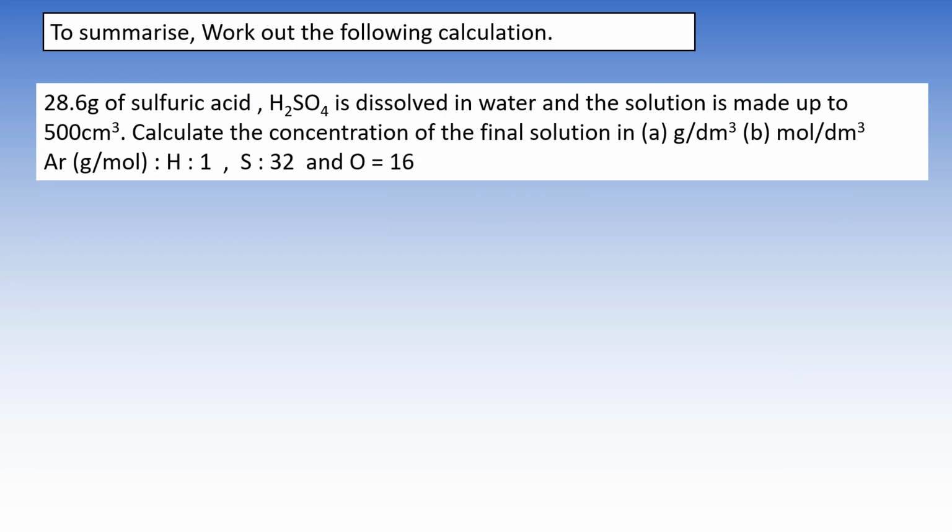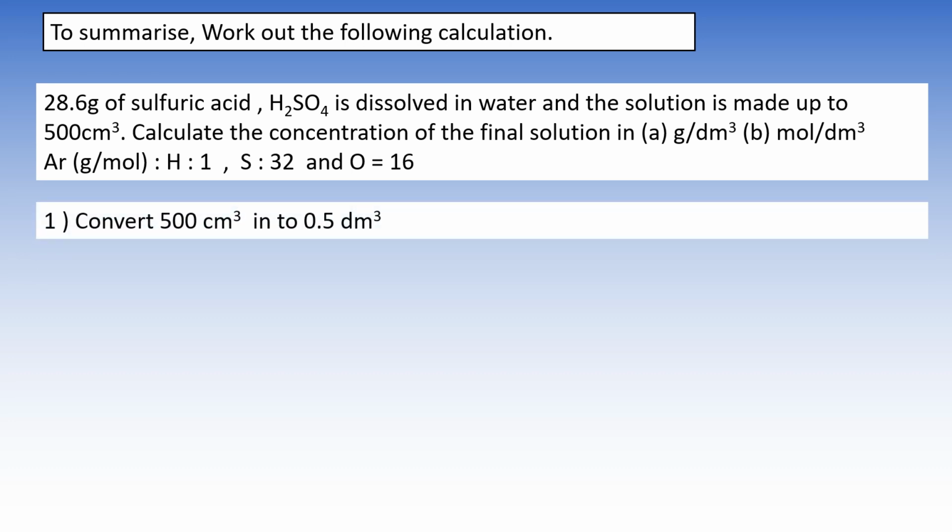To summarize, let's work out the following calculation. We have 28.6 grams of sulfuric acid dissolved in water, and the solution is made up to 500 centimeter cube. We have to calculate the concentration of the final solution in grams per decimeter cube as well as moles per decimeter cube. We have been given the relative atomic mass of hydrogen, sulfur, and oxygen.